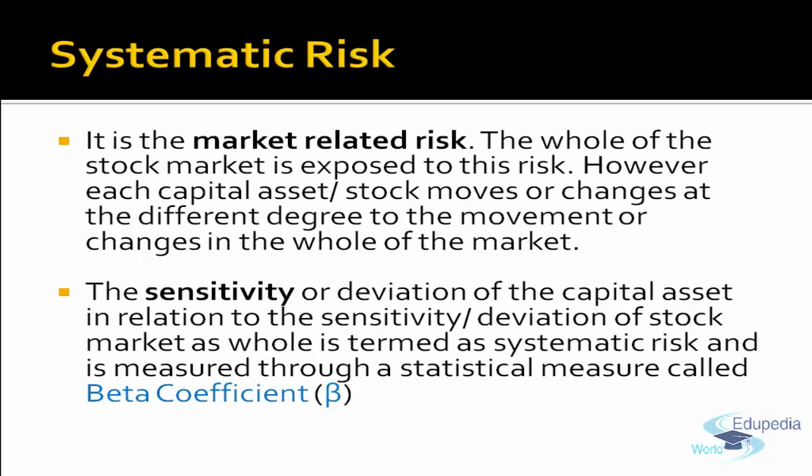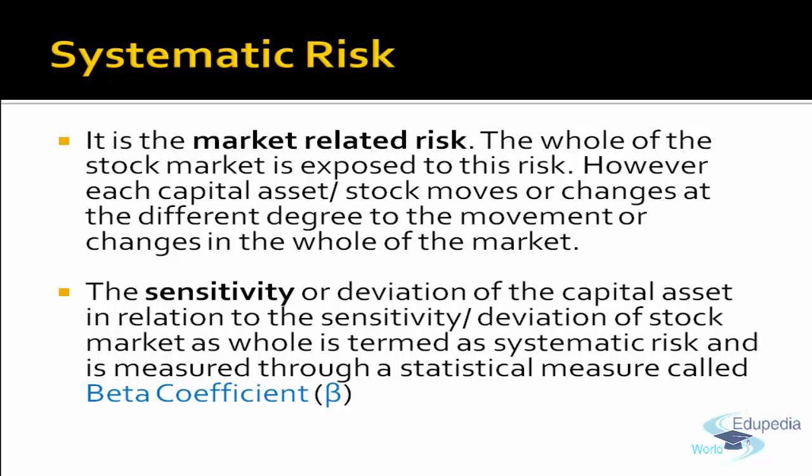Systematic risk is basically the market related risk. For example, the stock index has a movement of 10%. You have invested in one of the stocks in that index. Because of that movement of 10%, there is some movement in your asset also, in the equity where you have invested.